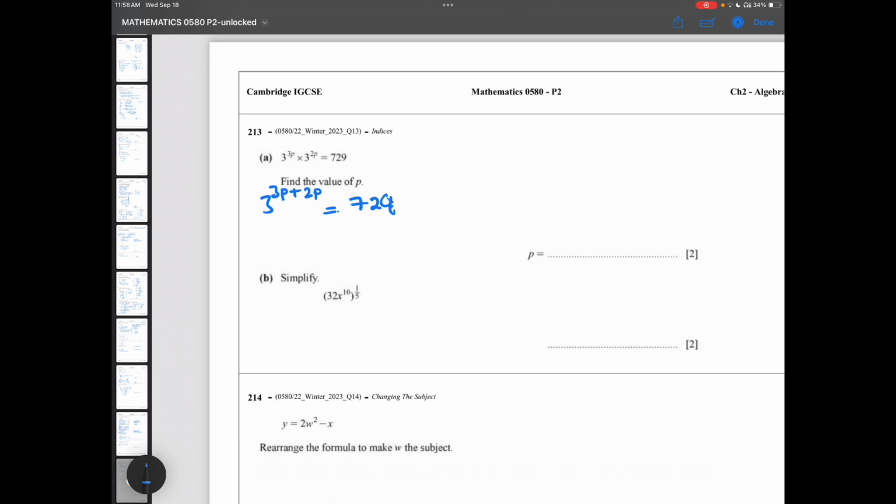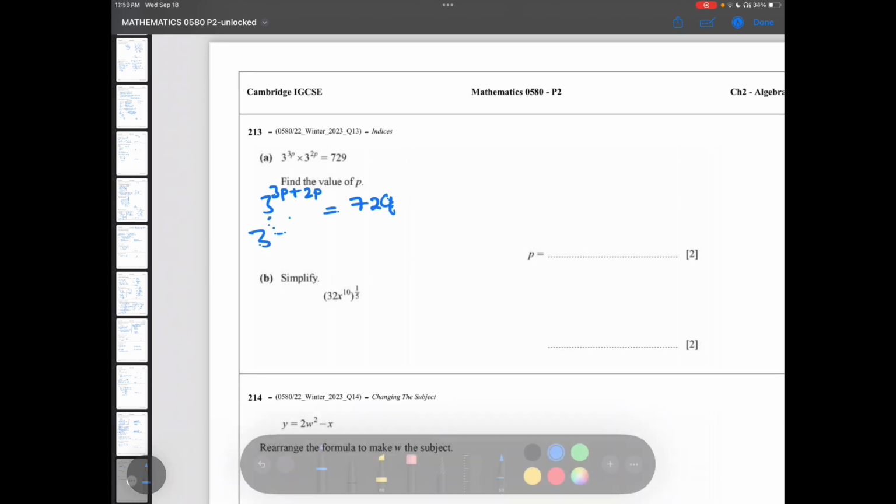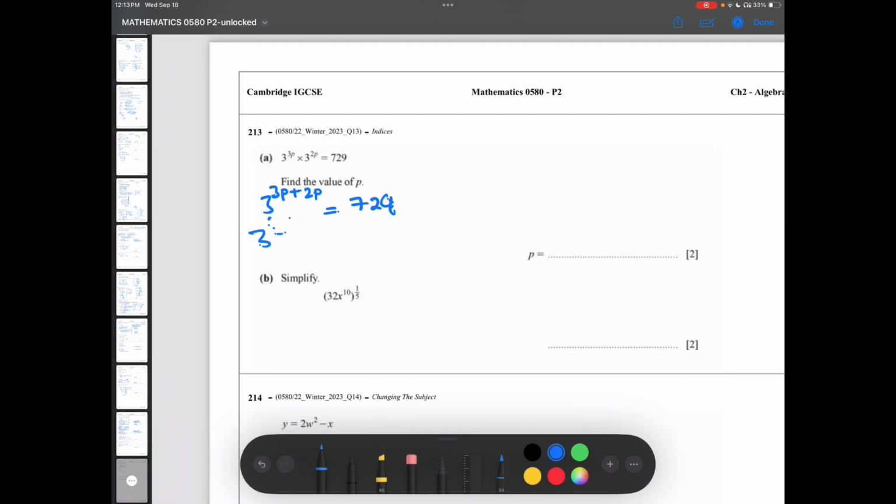So 3p + 2p is 5p. Now we have 3 to the power 5p is equal to 729.